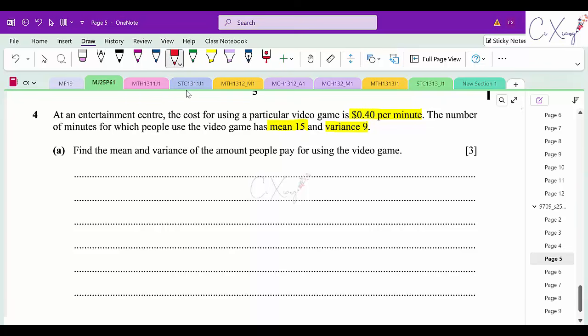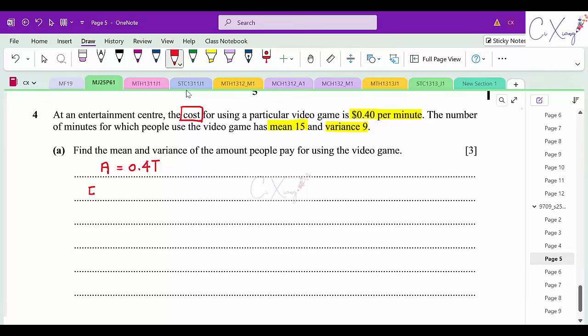First of all, we are going to calculate the amount people pay, which is the cost, 0.4 per minute. If I put the amount that people pay as A, it will equal 0.4 multiplied by the time. So the amount paid will be 0.4T.